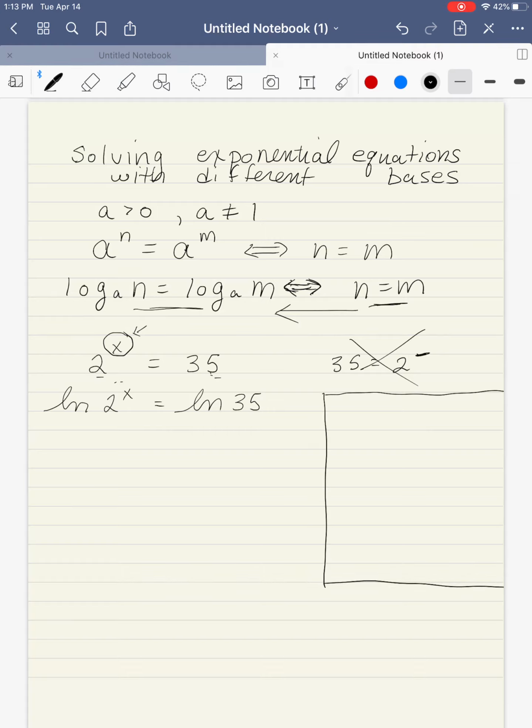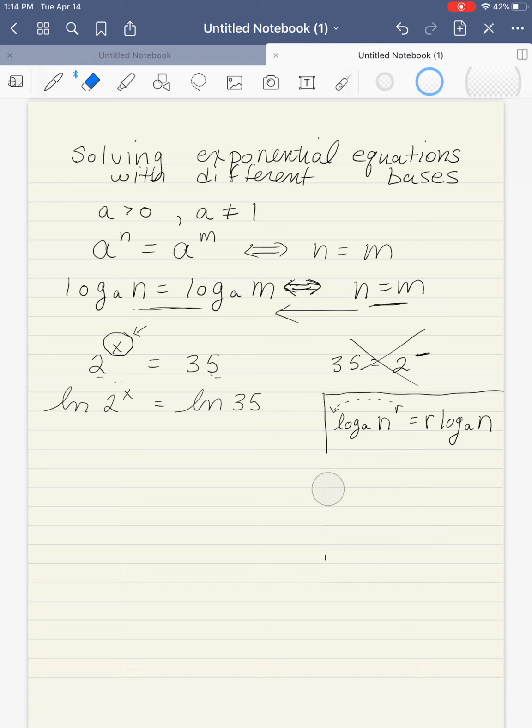The benefit of doing that is our logarithmic principle that if the logarithm base a of n to the r power equals r, remember we multiply that r out front. So that's equal to r times the logarithm base a of n.